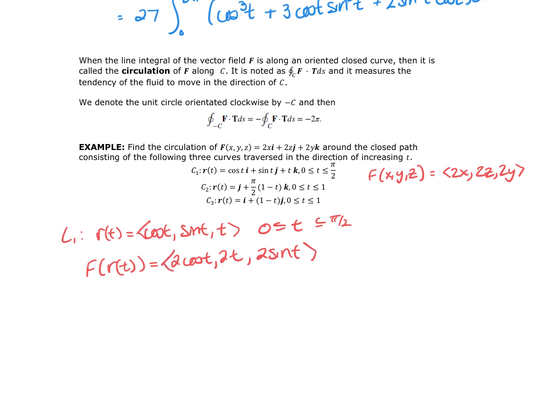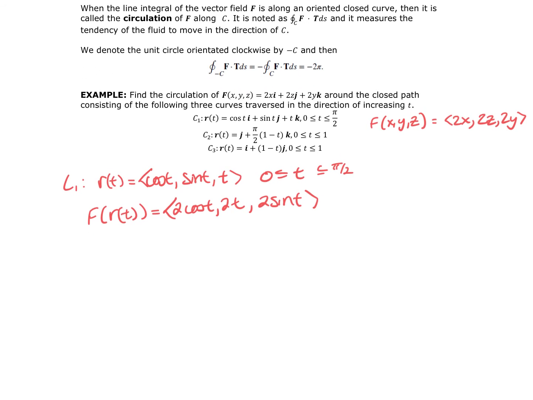Of course, I'm going to need my derivative, r prime of t, which is going to give me negative sine of t, cosine of t, and then 1.